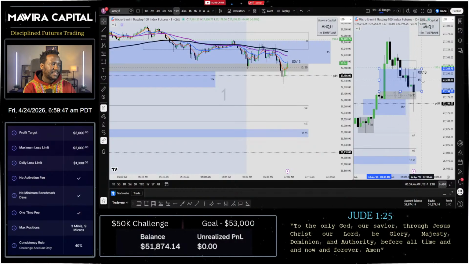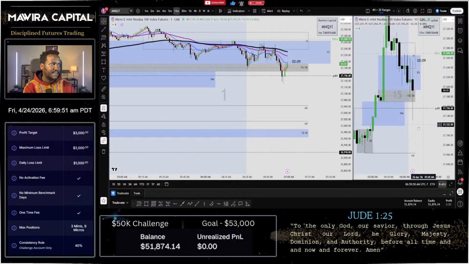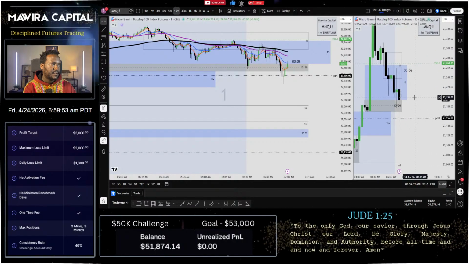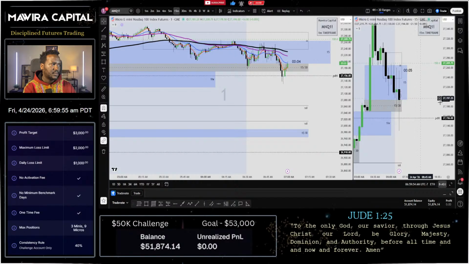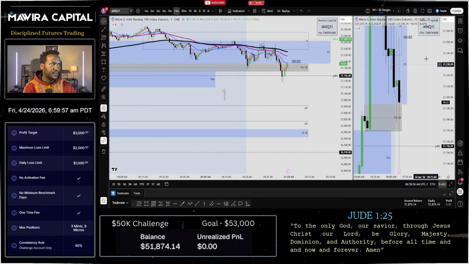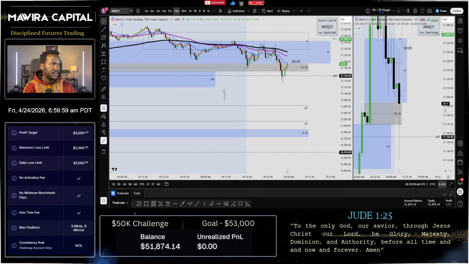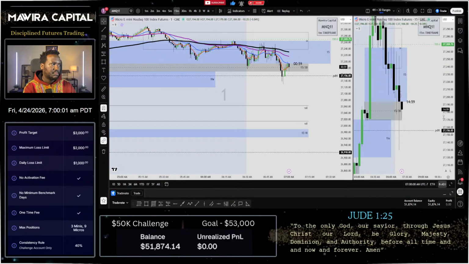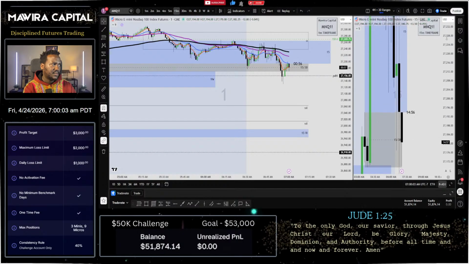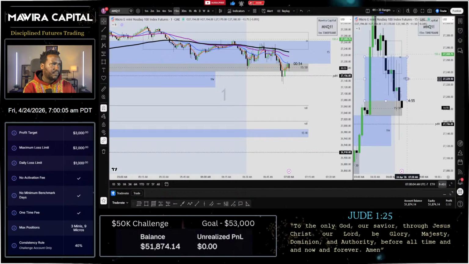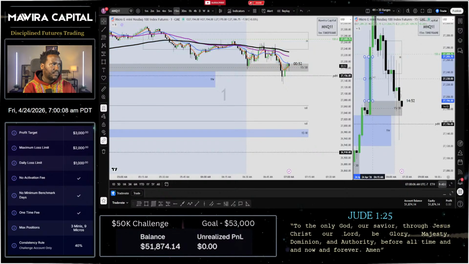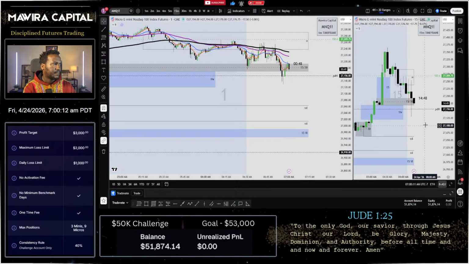So yeah, speaking a lot here, we gotta watch that. Let's see if it closes below or above. 5, 4, 2, 1. Not inverted. It's still right there.